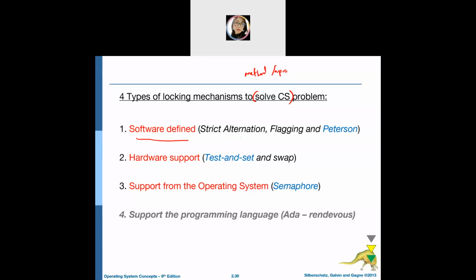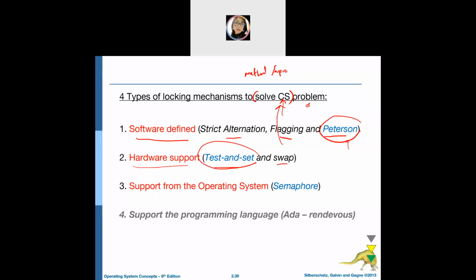There will be several software-defined solutions to solve CS, but in the OS subject, we will look into Peterson's only. You need to know there are several, but we look into Peterson's for the operating system subject. Second one, hardware support. There are two types of hardware support to solve a CS problem, but we will only cover test and set.